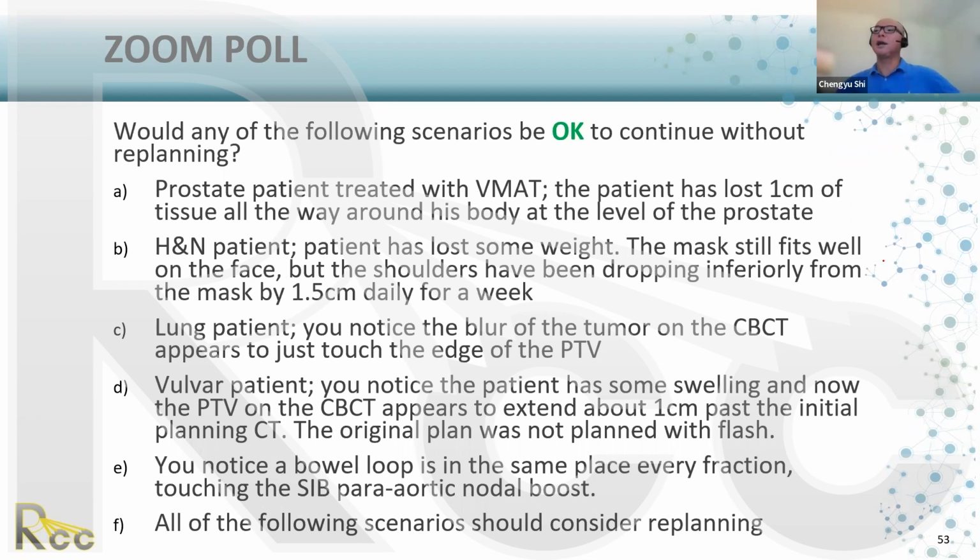C, lung patient, you notice the blurring of the tumor on the CBCT appears to just touch the edge of the PTV. D, patient has some swelling and now the PTV on the CBCT appears to extend about 1 centimeter past the initial planning CT. The original plan was not planned with flash. E, you notice a boost loop in the same place each fraction, touching the SIB, simultaneous integrated paraorbital node boost. All of the following scenarios should consider replanning.